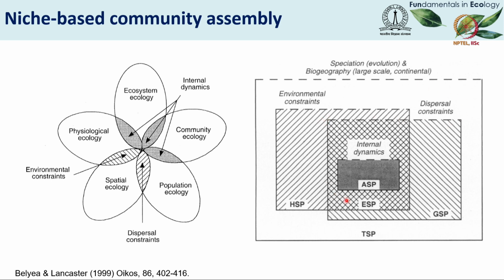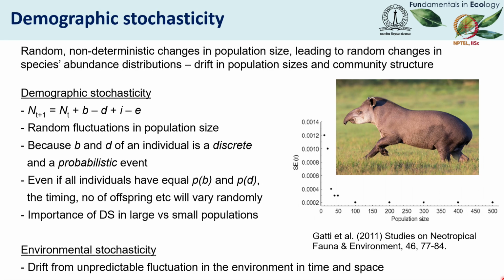The overlap between the two creates the ecological species pool, and within this ecological species pool, the dynamics between species, let's say competition, predation, facilitation, commensalism, and so on, those internal dynamics create the actual species pool. Or at the local scale, do you see coexistence between species or not? And it's that coexistence between multiple species that then gives rise to the community.